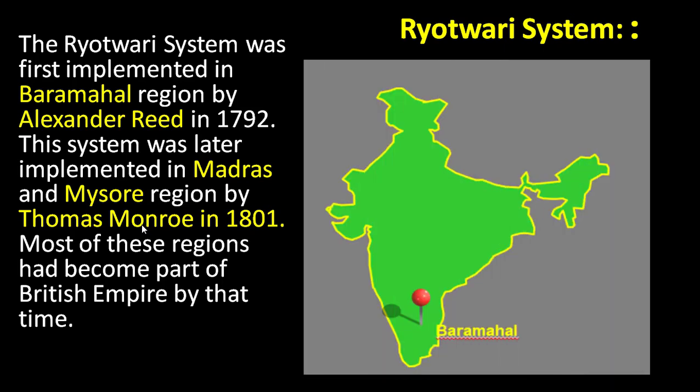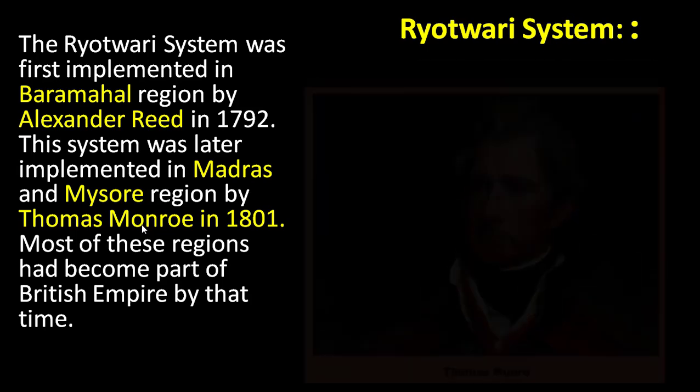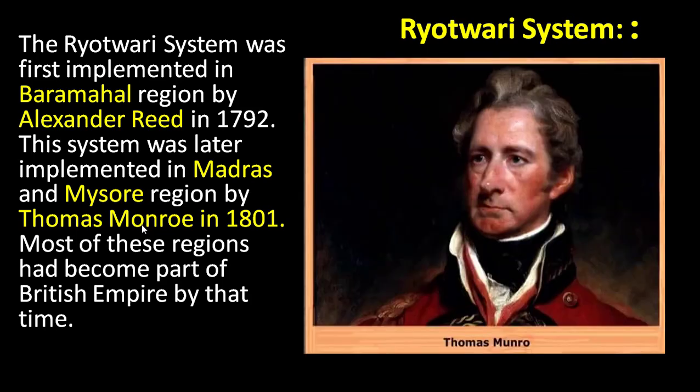The Rayatwari system was implemented in the Mahal region by Alexander Reed in the year 1792.